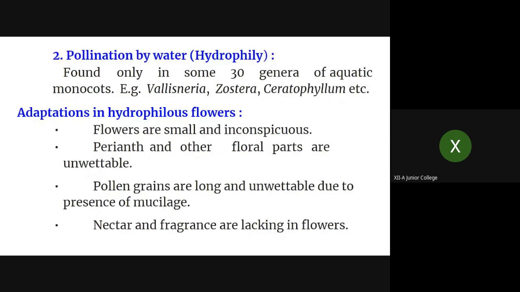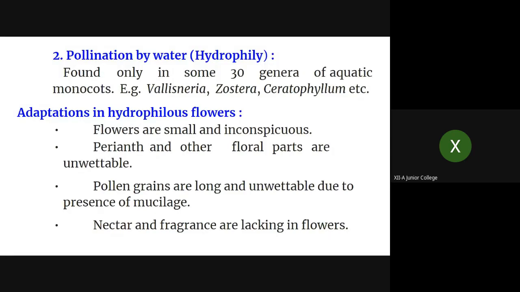Then pollen grains are long and unwettable due to the presence of mucilage. As these pollen grains secrete a mucilaginous substance, they remain unwettable and they are long enough. Nectar and fragrance are lacking in the flower because water current doesn't need any smell or fragrance or nectar. So they lack these substances.